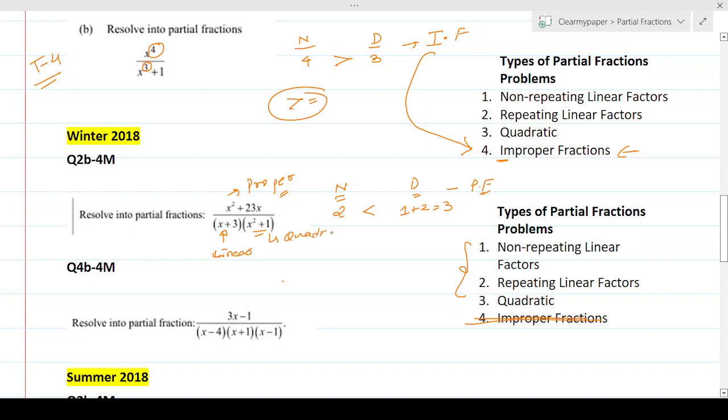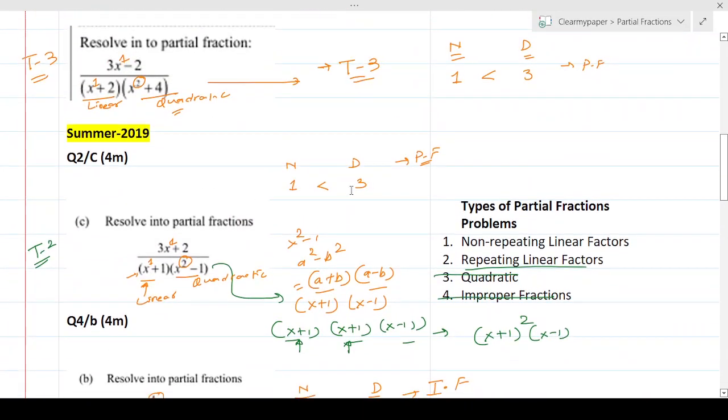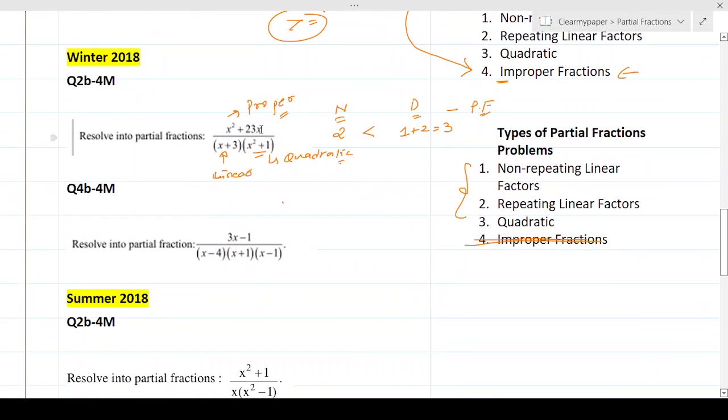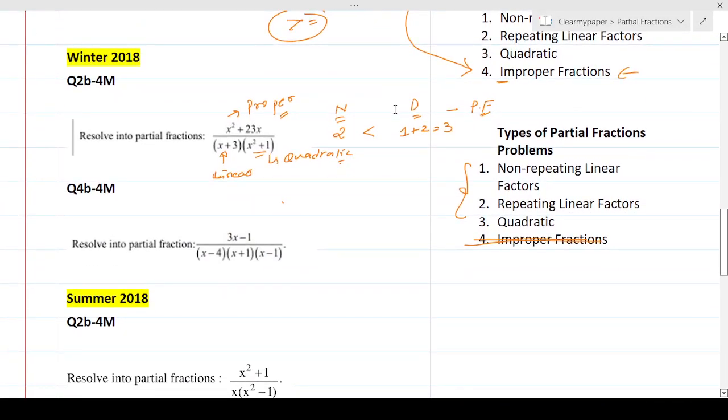The next check we need to do is whether this quadratic is factorizable. Can we factor this into two linear factors simply? Let's check, like how we did here. This is x square plus 1. In the previous example, it was x square minus 1, which you can write as a square minus b square and factorize. But there is no identity of this format that can be factorized.